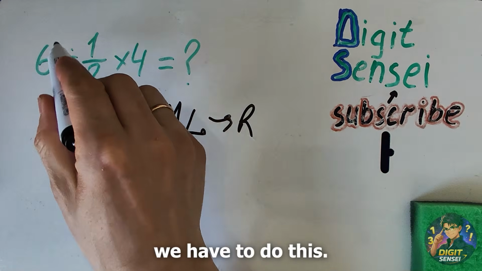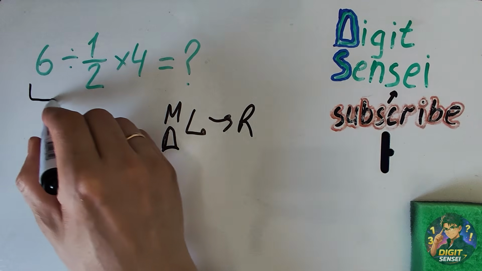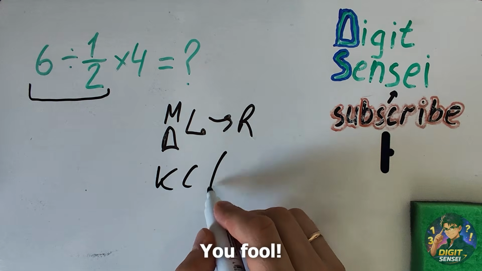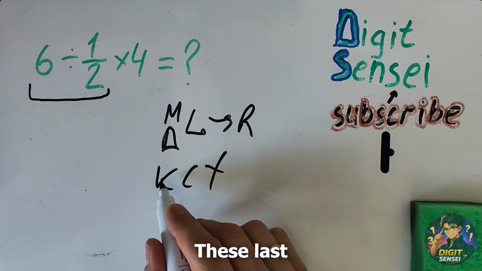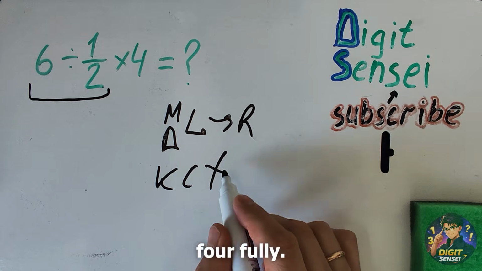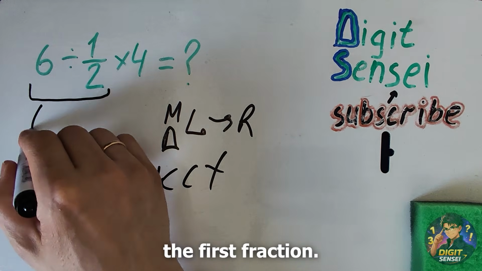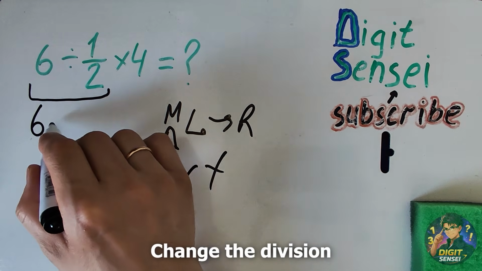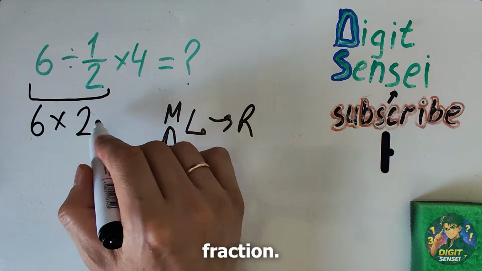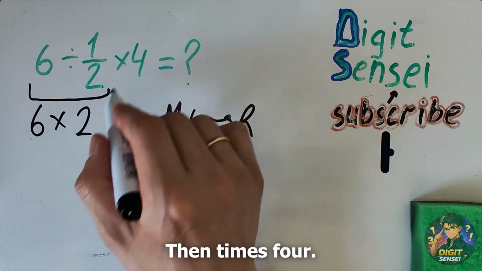So first we have to do this division. 6 divided by 1 over 2. According to the KCF rule, K stands for keep, C stands for change, and F stands for flip. We can write: keep the first fraction, change division to multiplication, and flip the second fraction. So 6 times 2, then times 4.